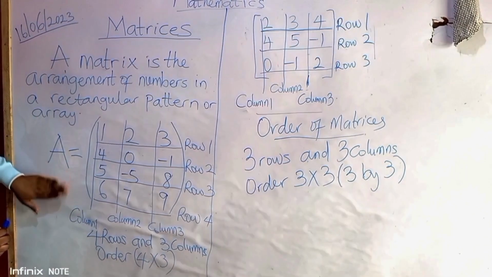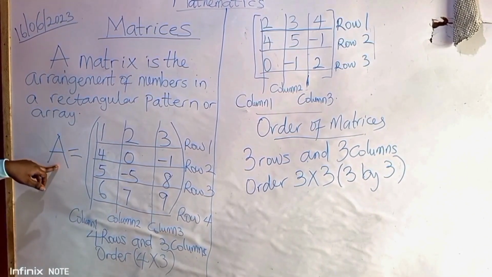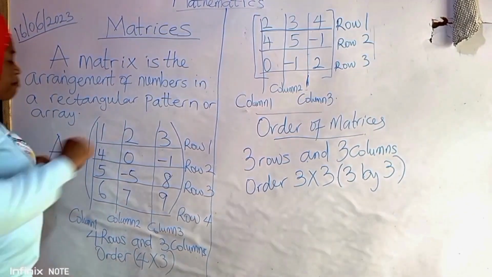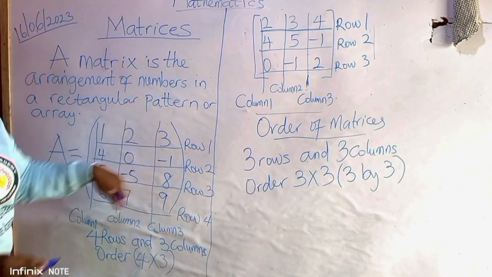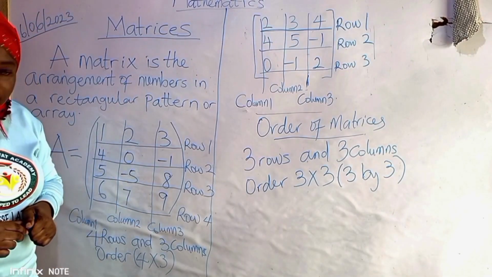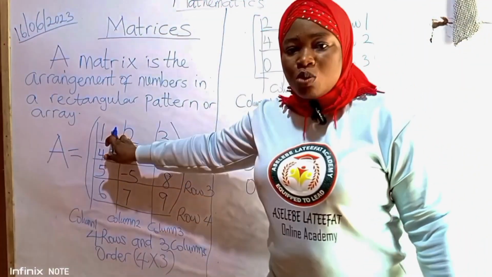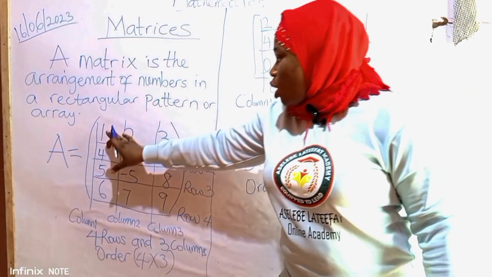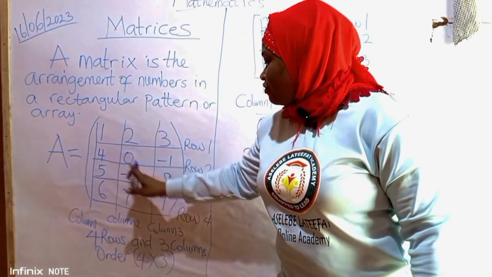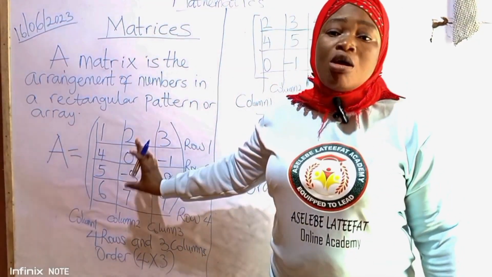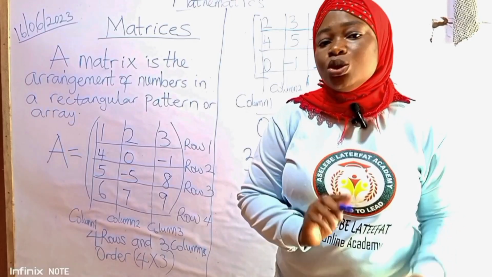So you write a matrix in capital letter. And each member of a matrix is known as an element. So here we can see that it has elements 1, 2, 3, and 4. All these members 1, 2, 3, 4, 5, 6 are elements of this matrix. So note.